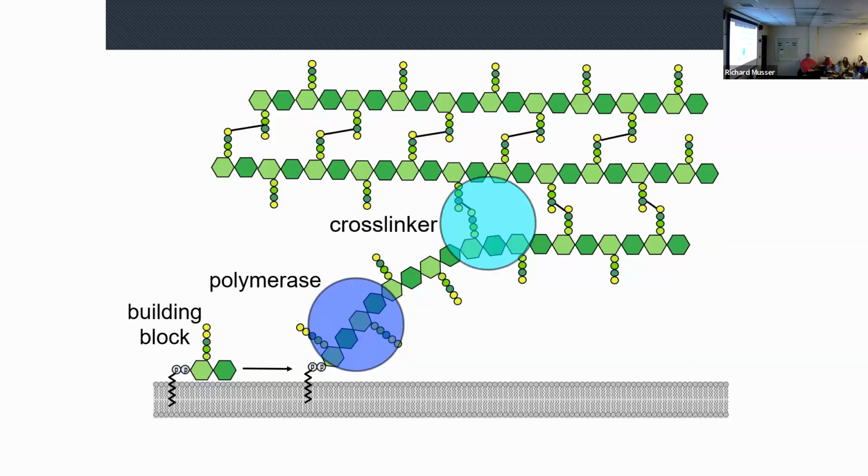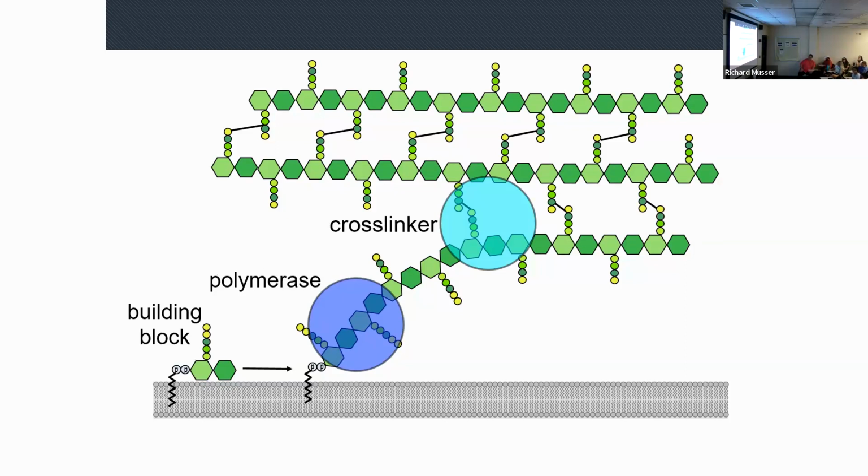The second reaction you need is a cross-linking reaction, which links the peptide stems on the nascent glycan chain into the pre-existing peptidoglycan matrix. And this is how you add a strand at a time to that matrix around the cell, allowing it to grow or divide.